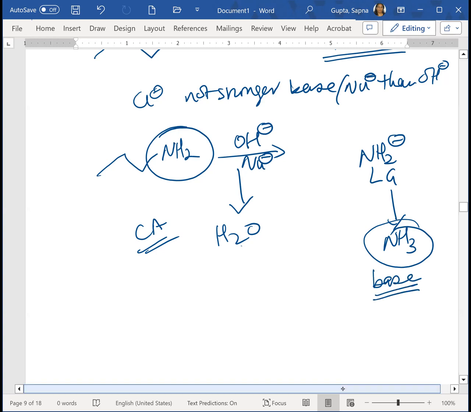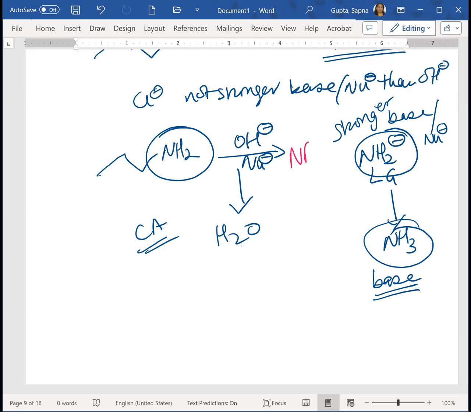So if ammonia is already a base, this is a very strong base or nucleophile. So if this is the stronger one, this reaction ain't happening. It's not going to happen.